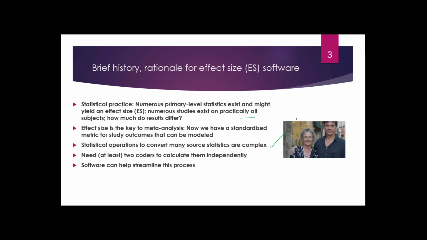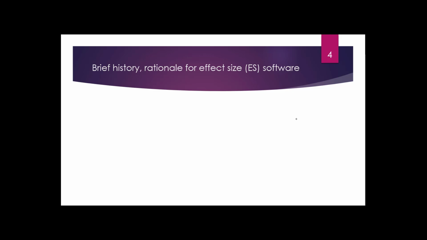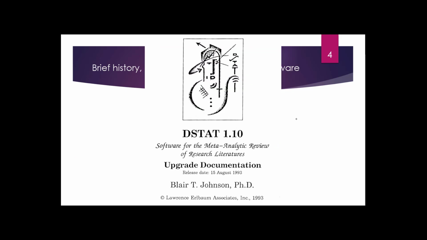By virtue of having the software, using the standard ways of calculating effect sizes and saving the work, you can just compare your results, and maybe you can tell right then that someone has the correct solution, and that's why you diverged. So it went back to my graduate school days, and then starting in the late 1980s and beginning into the 90s, I released software called DSTAT, Statistics for D. It was broad software.